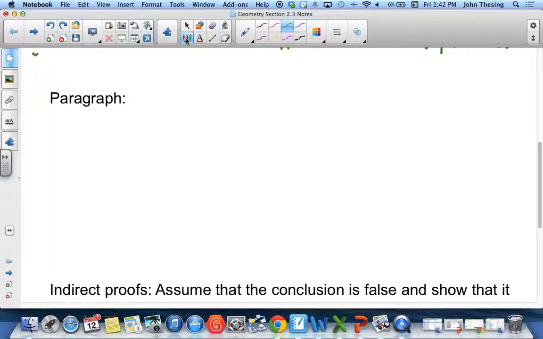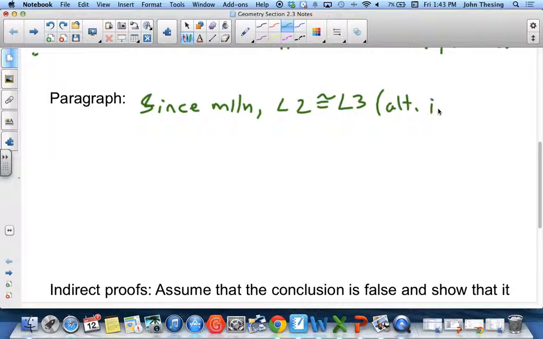Since we know that M is parallel to N, do I have to say the reason as well? It was given. So we'll just say since M is parallel to N, then angle 2 is congruent to angle 3 because they are alternate interior angles. Do I have to say the postulate? I'm going to put it in parentheses, okay?